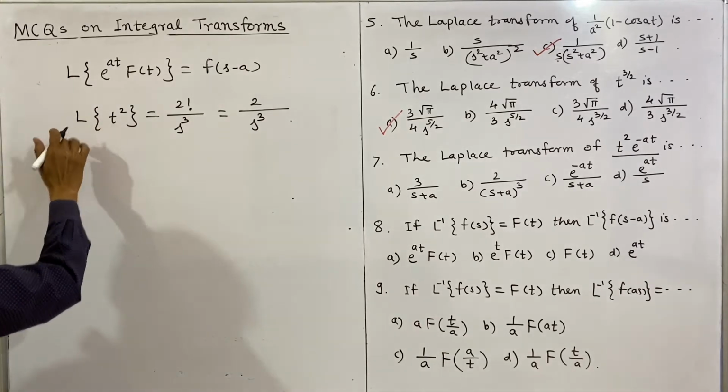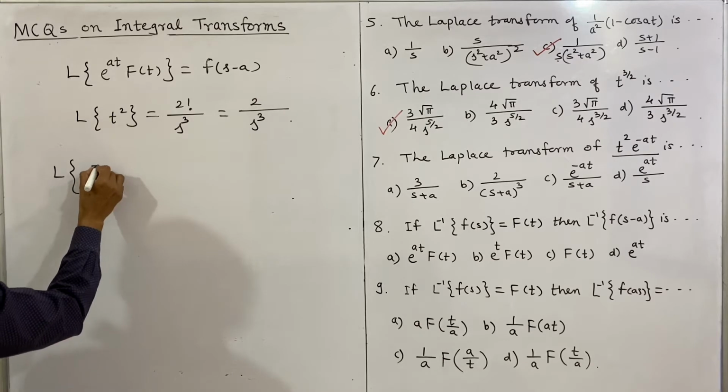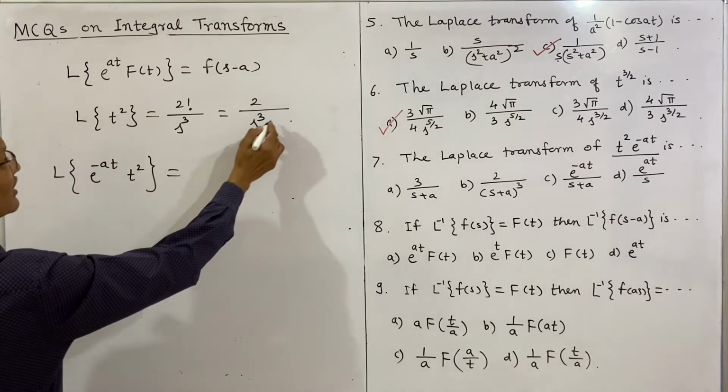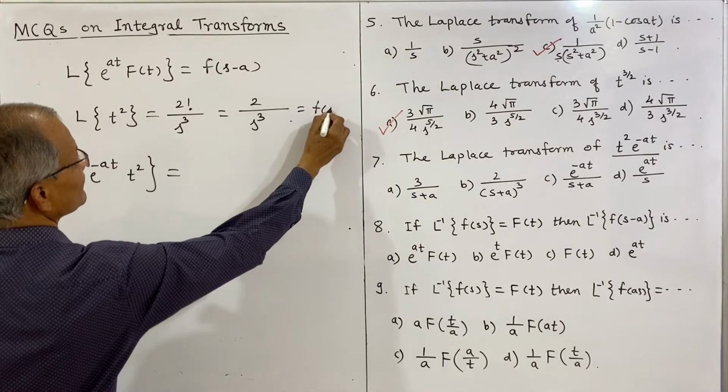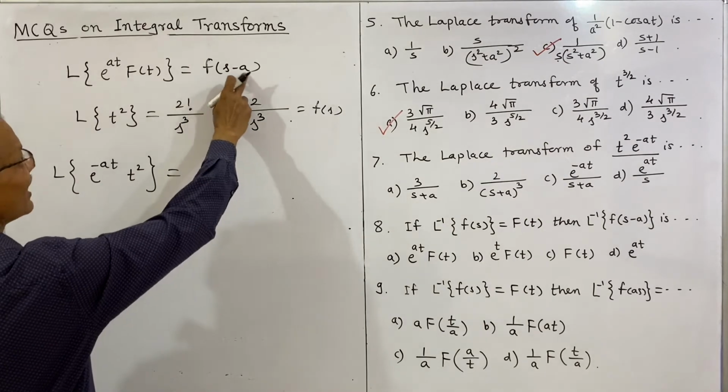Using this, L of e power minus at into t square will be equal to F of s, where s is to be replaced by s minus a.